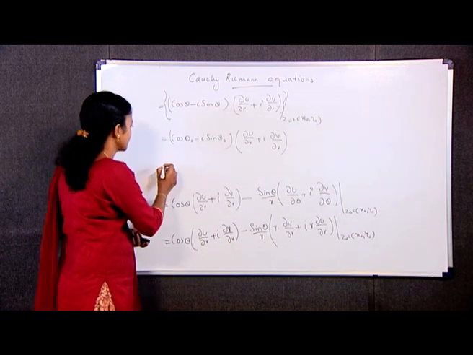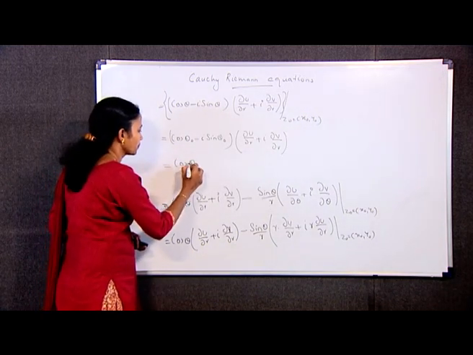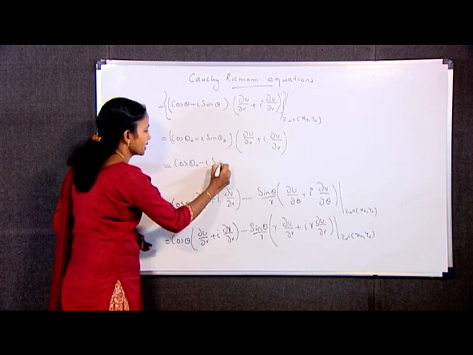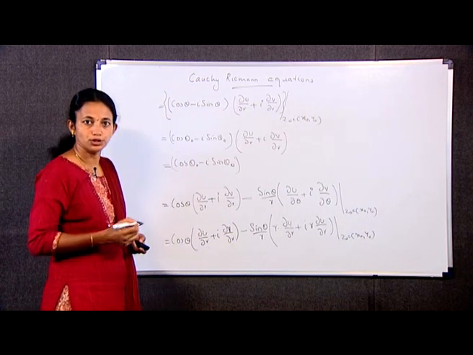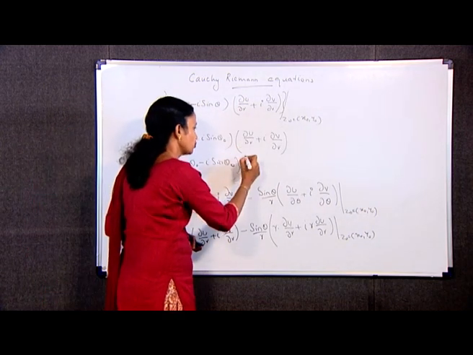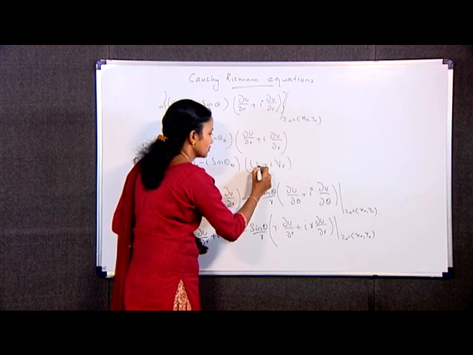So which I can write as cos theta naught minus i sin theta naught into u r, this dou u by dou r we can write as u r, plus i v r.